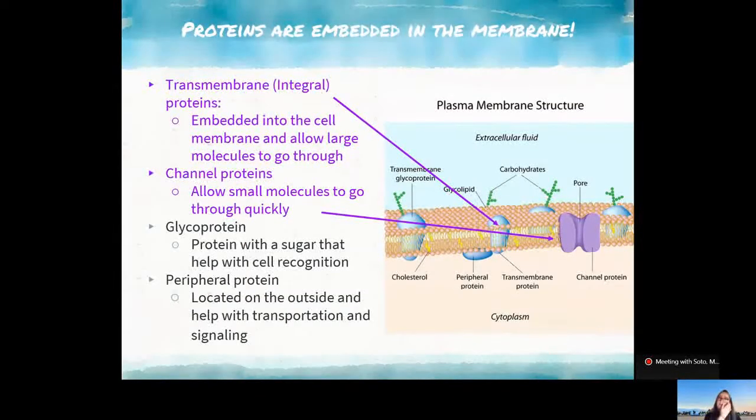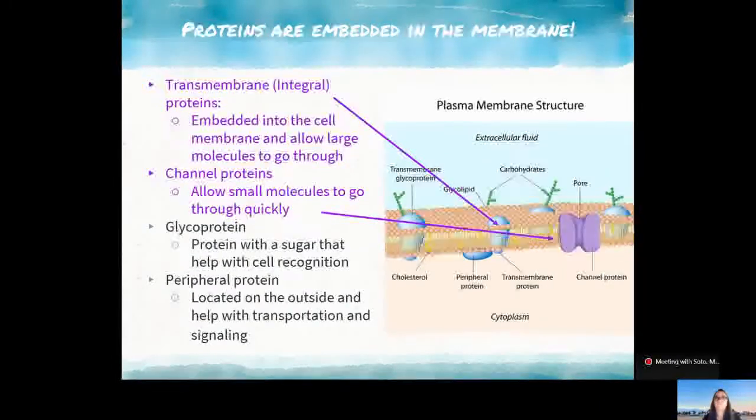Now, some of these proteins embedded in the membrane have different purposes, right? So we have transmembrane proteins. Those are very, very important. Those are embedded into the cell membrane and are going to allow large molecules to get through, okay? Then we have the channel proteins.